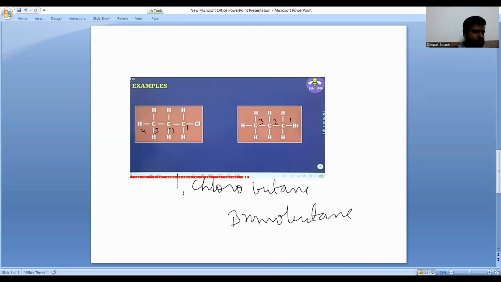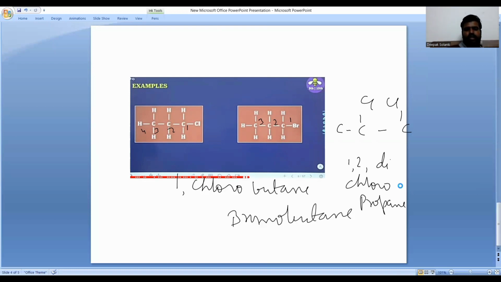Let me take one more example. C, C, C, and there are two Cl groups here and here. What will be its name? Its name is 1,2-dichloro. How many carbons are there? 3 carbons, so we'll write propane.